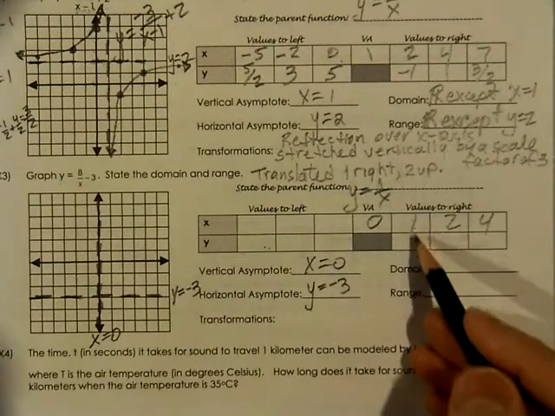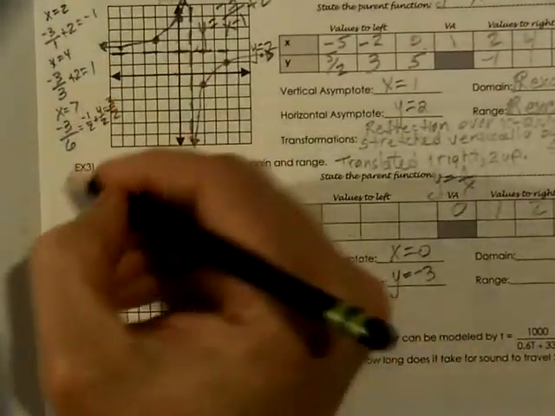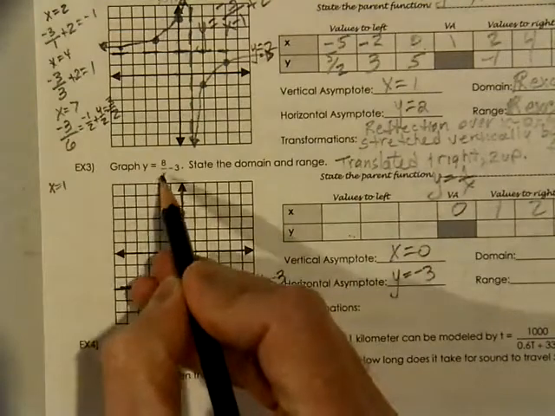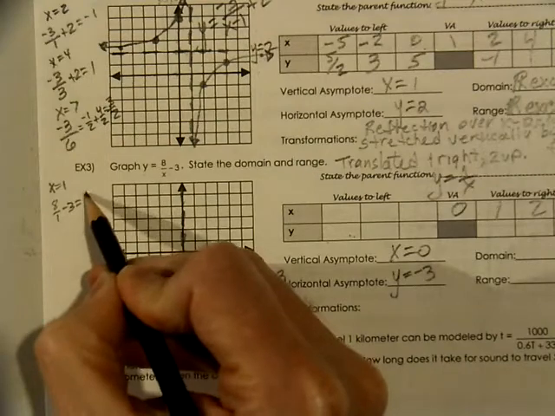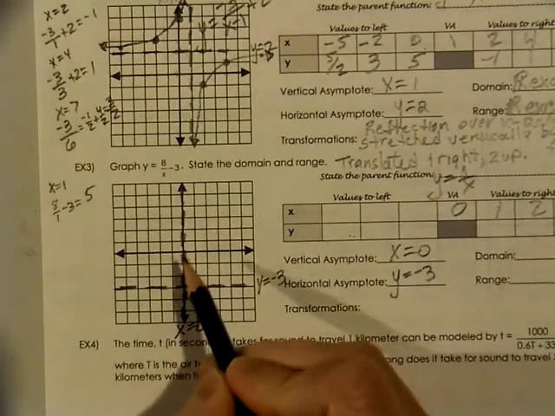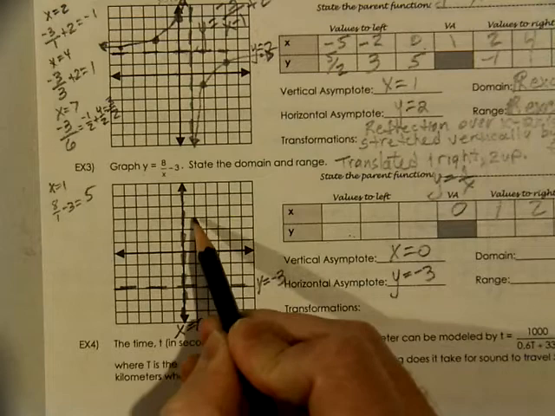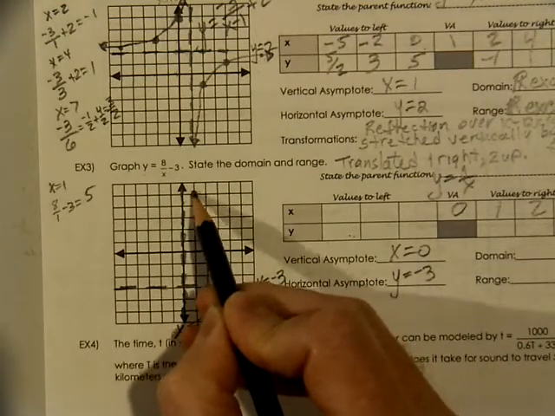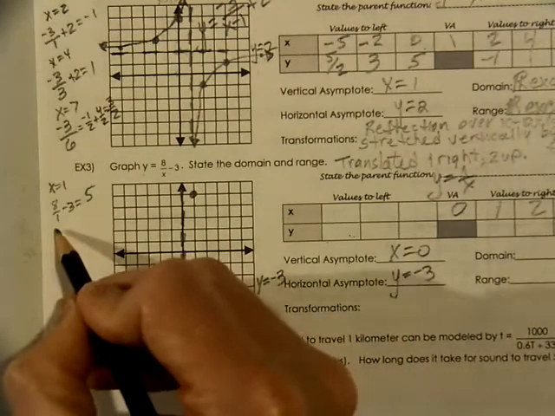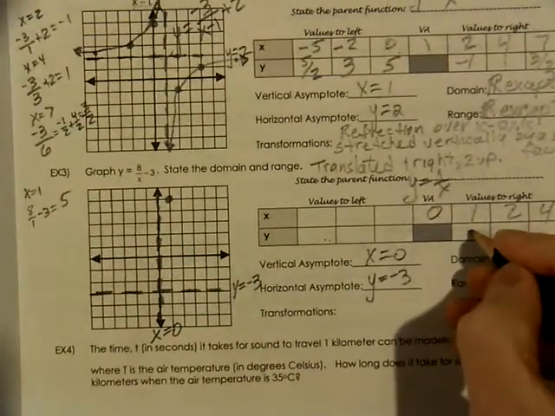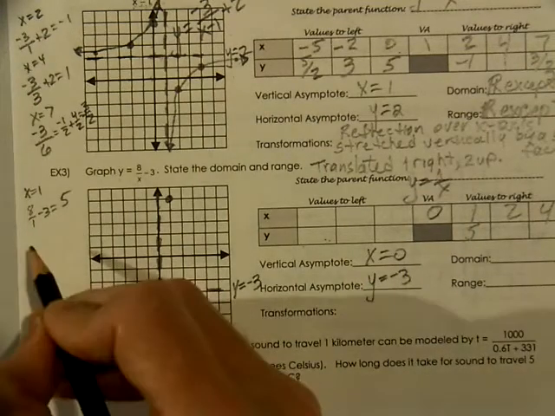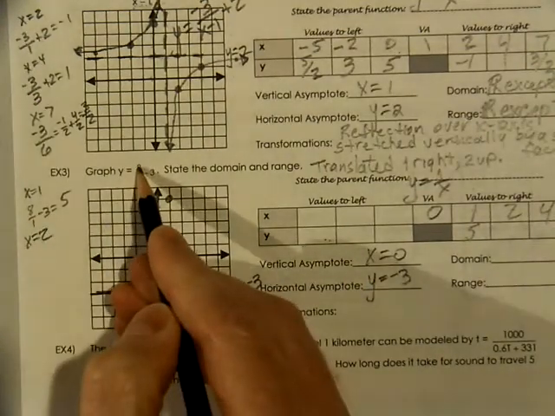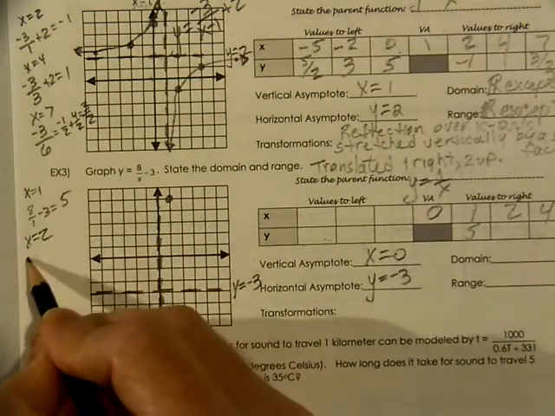Now we're going to calculate what happens when we have 1. So when x equals 1, we get 8 over 1 minus 3. So 8 minus 3 is 5. So when x is 1, we're up at 5. When x is 2, we could put that on our table over here. 8 divided by 2 is 4. 4 minus 3 is 1.